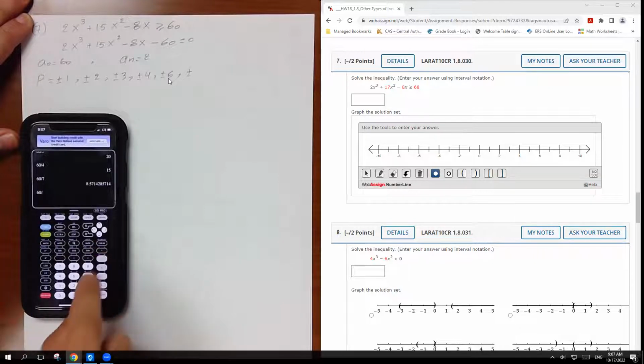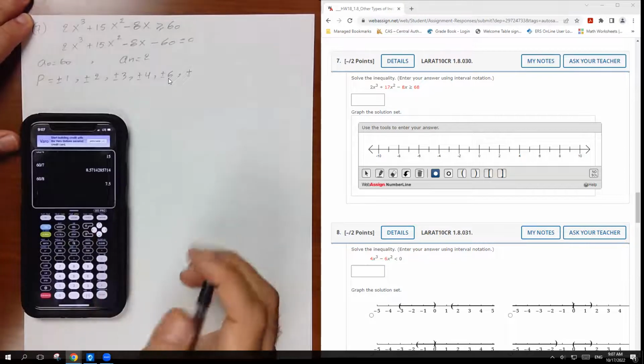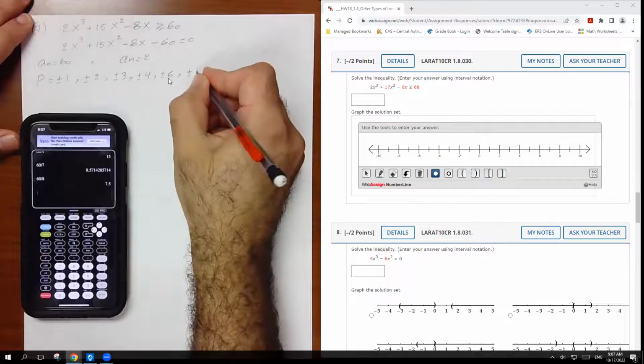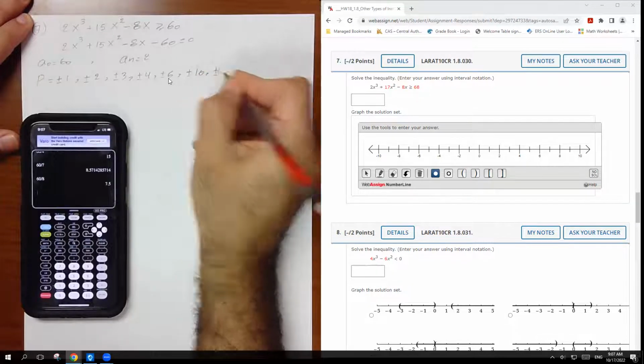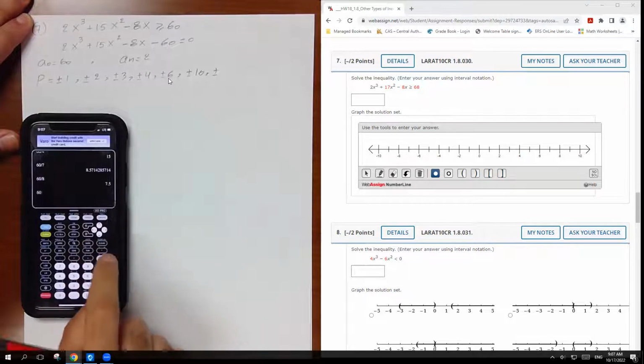Check it, 60 divided by 8 is going to be a decimal. 9, you can't. 10, which is 10 times 6, so plus or minus 10.